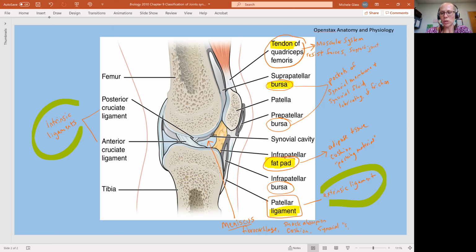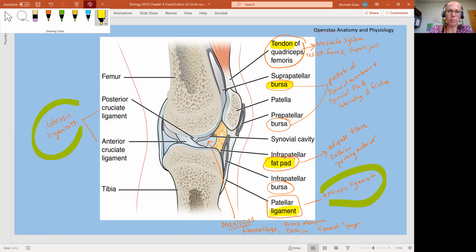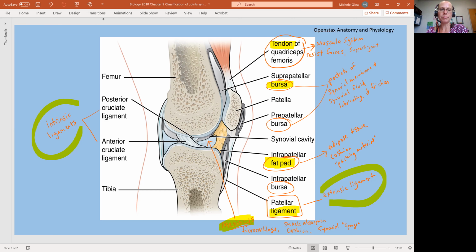I'm putting sponge in quotation marks because that is not a technical terminology. But let's think about this for just a minute. That meniscus is going to get full of synovial fluid, and then the knee bends. When the knee bends, you put weight on the meniscus, and all of that fluid squirts out. And so it's creating a flow or circulation of that synovial fluid.